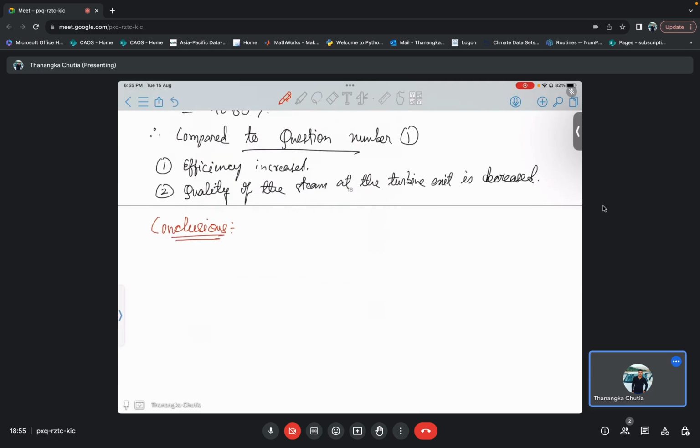Next, if we increase the boiler pressure, then what happens?